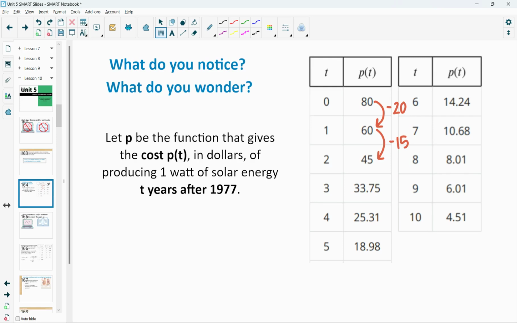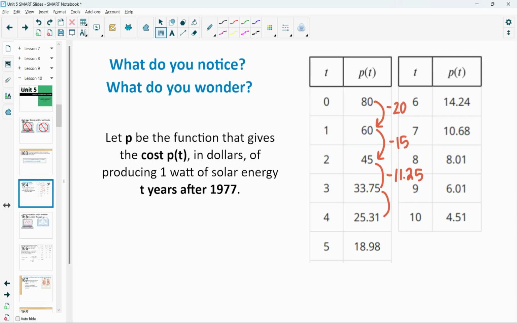And then from 45 to 33.75, it's down 11.25. And then you could look again here, 33.75 down to 25.31, and you'll see it's lower than 11 again, and it just kind of keeps going down, right?